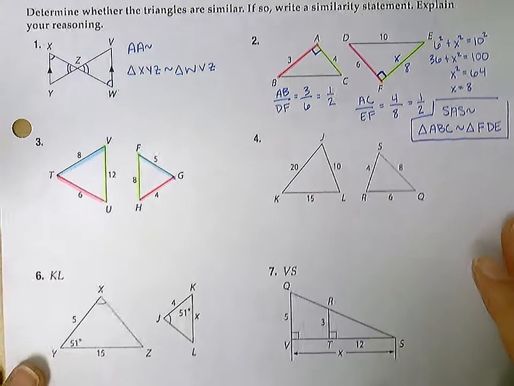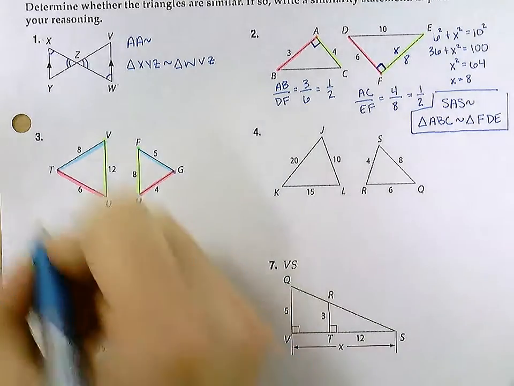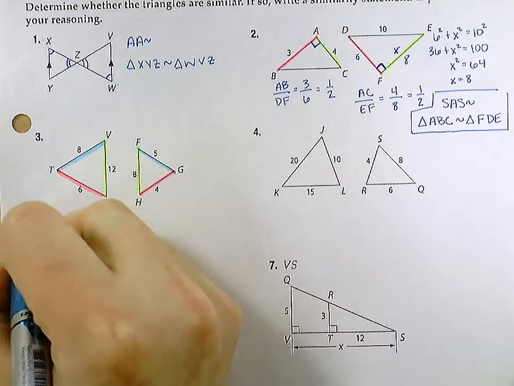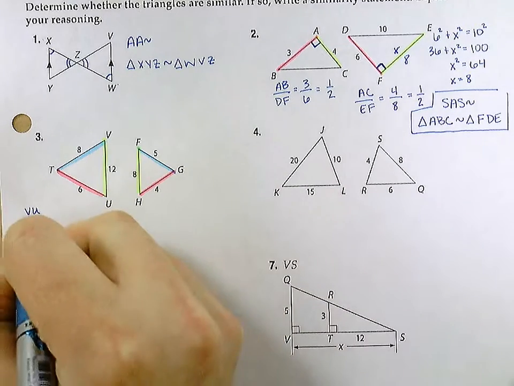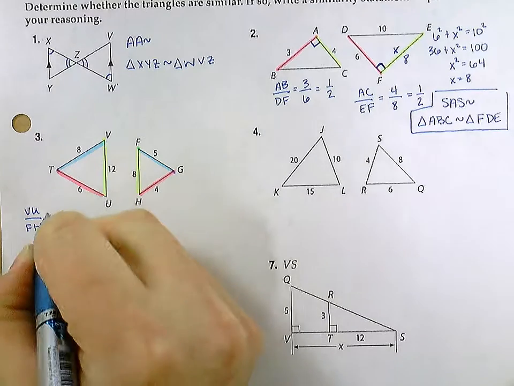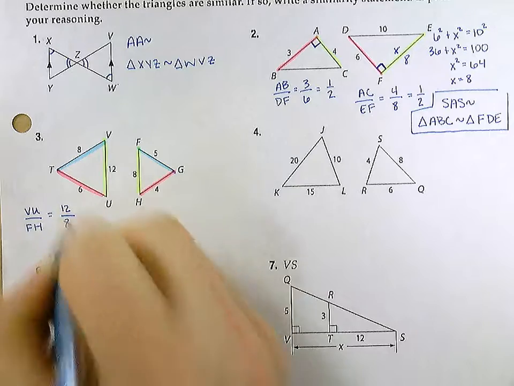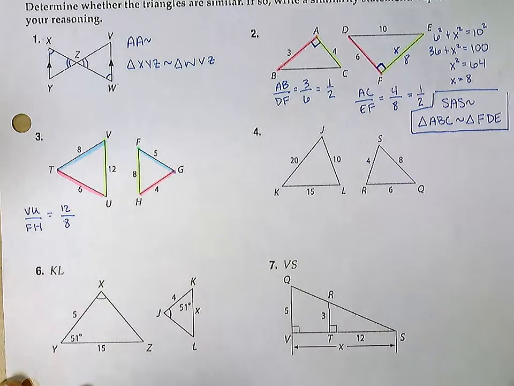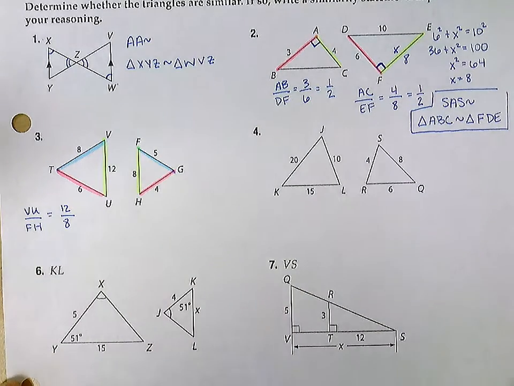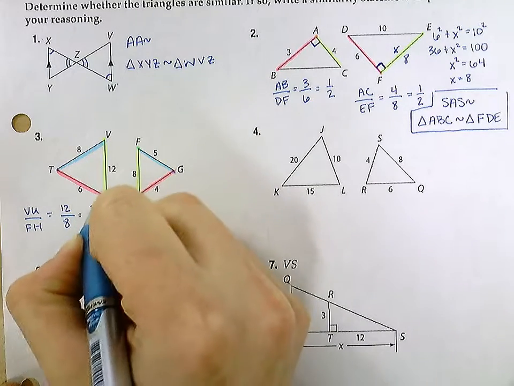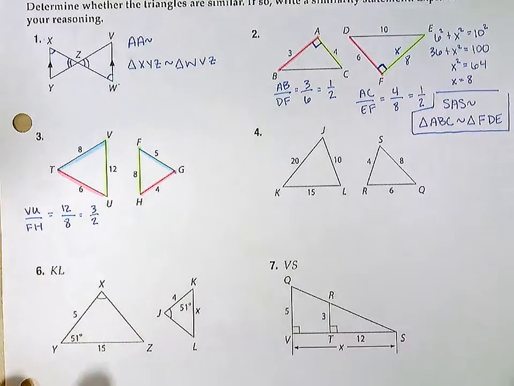So writing out my ratios for my corresponding sides, I have VU over FH, which is 12 over 8. And I can reduce that fraction to 3 over 2.